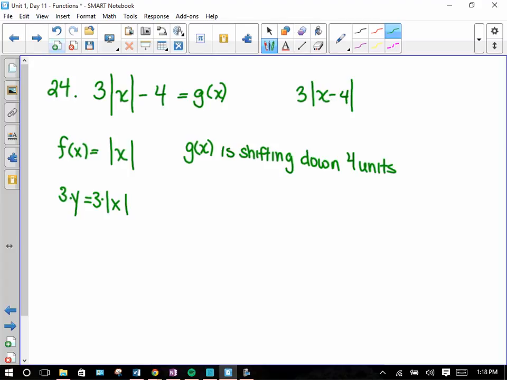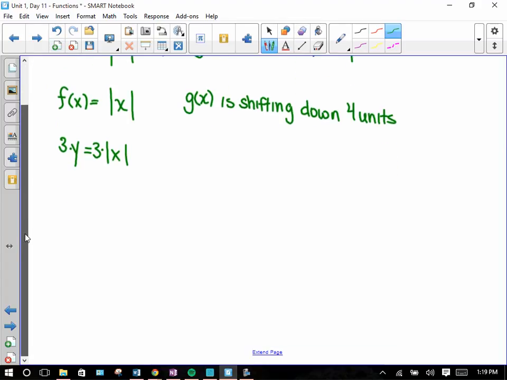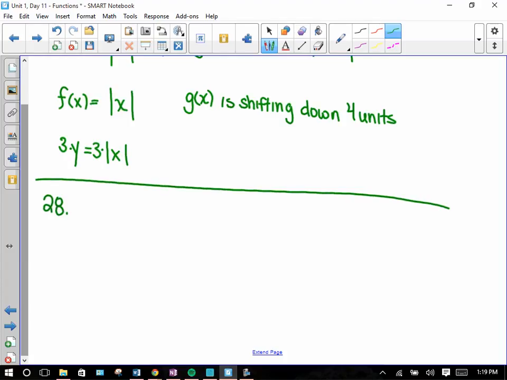What are the things we want to see? Number 28. Okay, 28 is a similar type of problem that uses the greatest integer function.